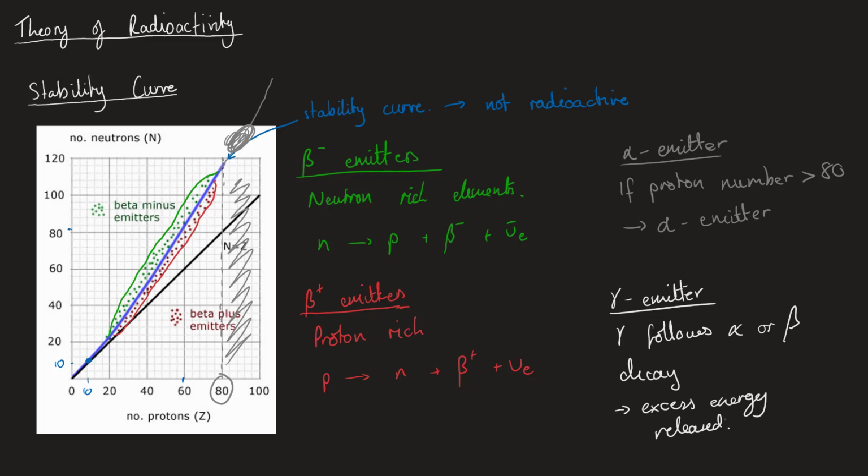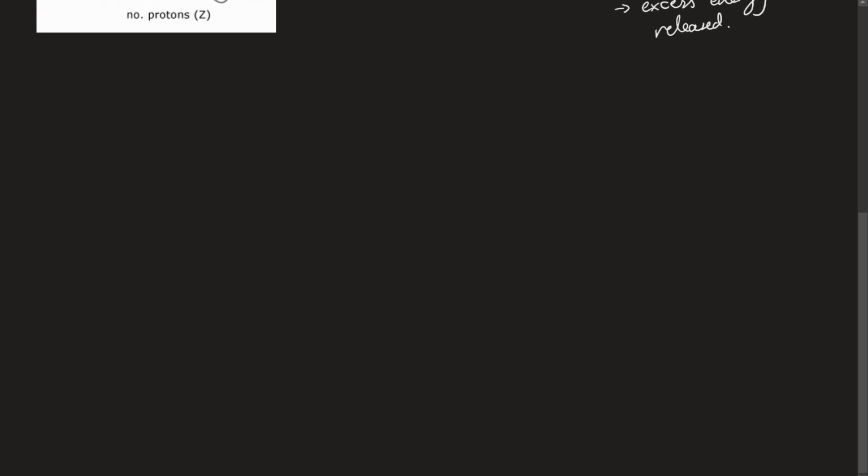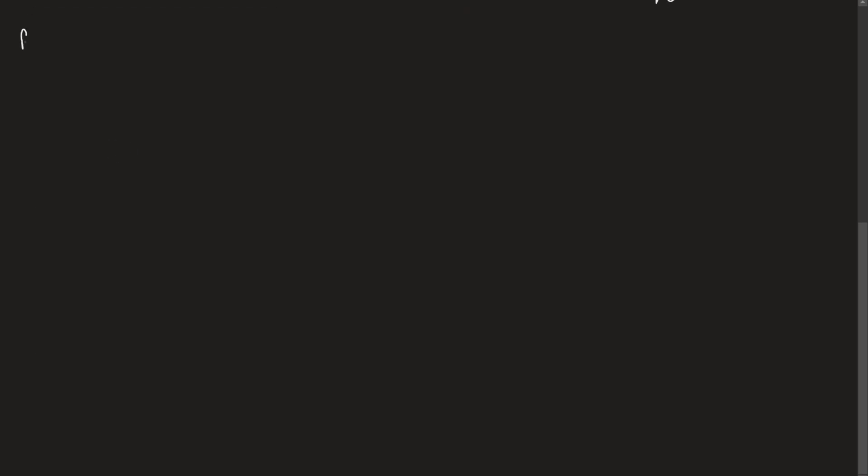Now, we have this idea of predicting, if we get given an individual isotope, what type of radiation it is going to emit, if any. Now, I should mention that these don't always happen individually, right? So we can get things called radioactive series. And in a radioactive series, we end up with multiple different types of radiation being emitted by the same molecule.